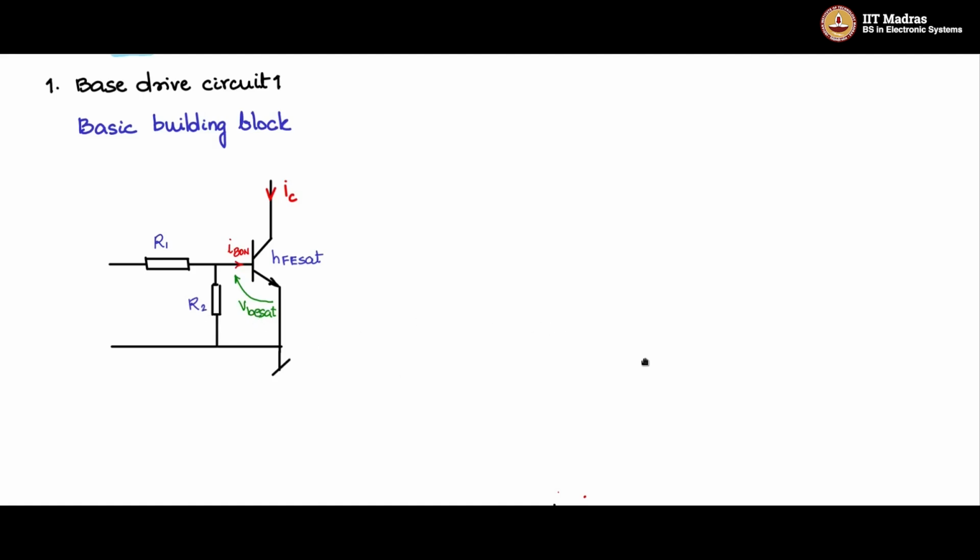So now let us design the value of R2. We know the voltage across R2 is VBE SAT. So VBE SAT divided by how much current will one allow through R2. Normally, a current equivalent of IB on will be allowed through R2. So this will be VBE SAT by IB on.